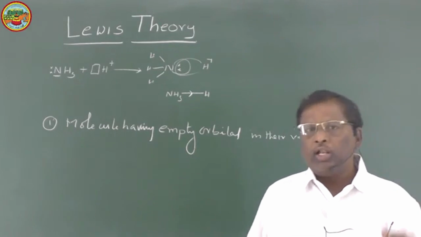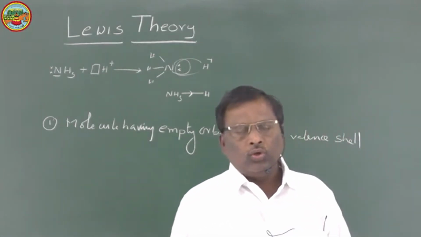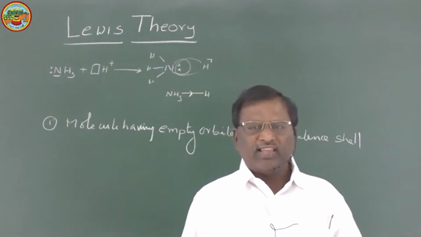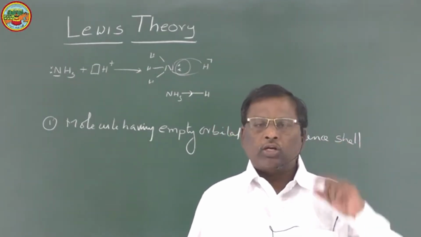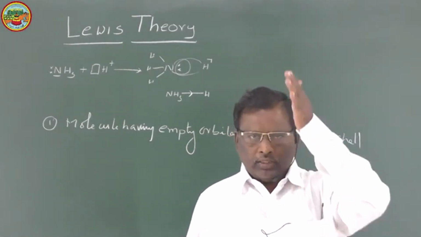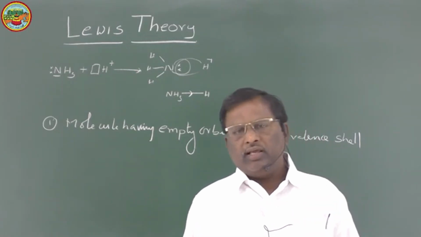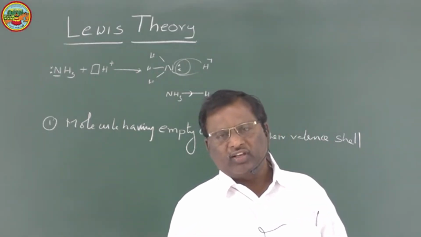But there are certain molecules which are stable even without an octet. For example, boron chloride and boron fluoride. That means the whole boron aluminum family has less than octet configurations.